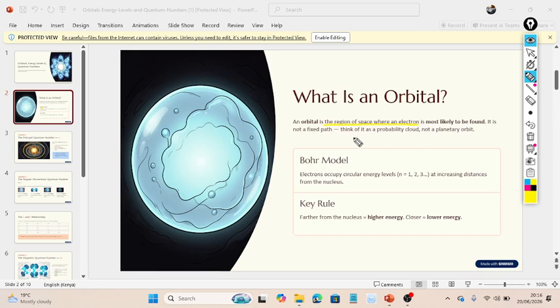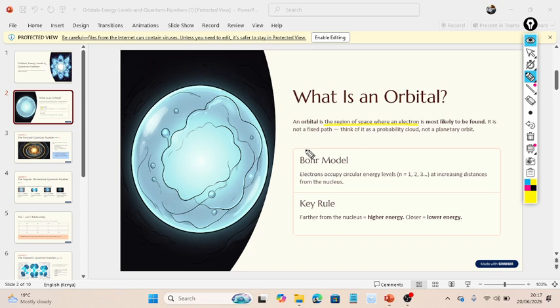You can think of it as a probability cloud, which is just like an orbit or a planetary kind of thing that defines the path taken by the electrons as they revolve around the nucleus.